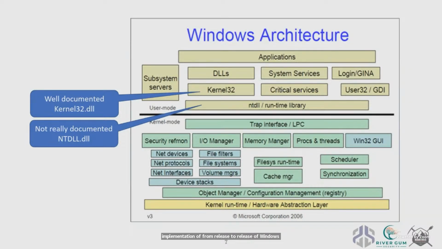So if you code up something with NTDLL in mind, it might change on you, even if you search the internet for the undocumented functions that somebody else has documented. And there are places where you can find that, and then you code it up. You might actually have the rug pulled from under you. Kernel32, however, is a consistent API interface that's always going to be there.